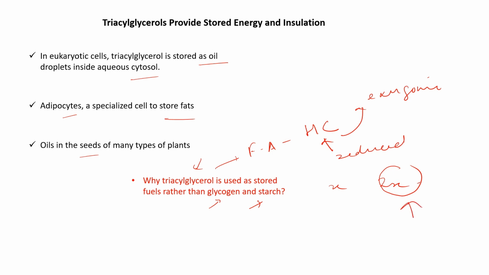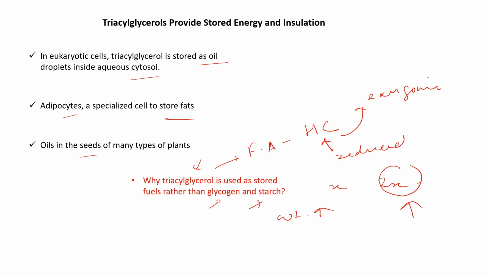That means the body weight will increase. Because to provide the required energy, we would need more glycogen or starch storage in the body, since they provide less energy. So if such a huge amount of glycogen or starch is stored in our body, what will happen? The body weight will increase.